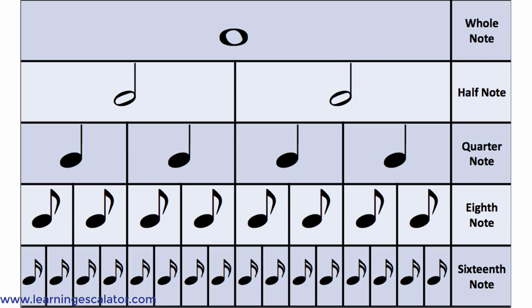So one whole note can be separated into 2 half notes, and each half note is equal to 2 quarter notes, and each quarter note is equal to 2 eighth notes, and each eighth note is equal to 2 16th notes. And of course there are also 32nd notes and 64th notes, but those are uncommon, but they still exist.